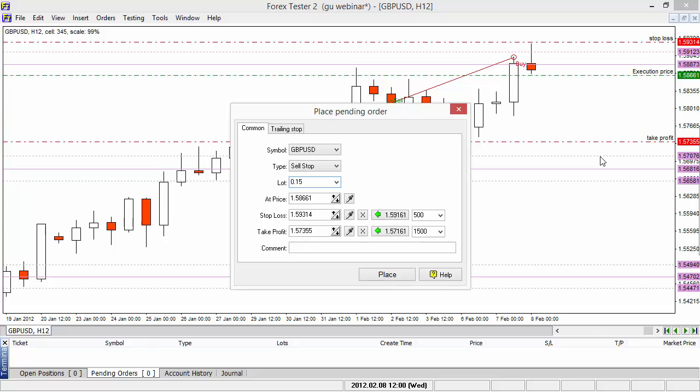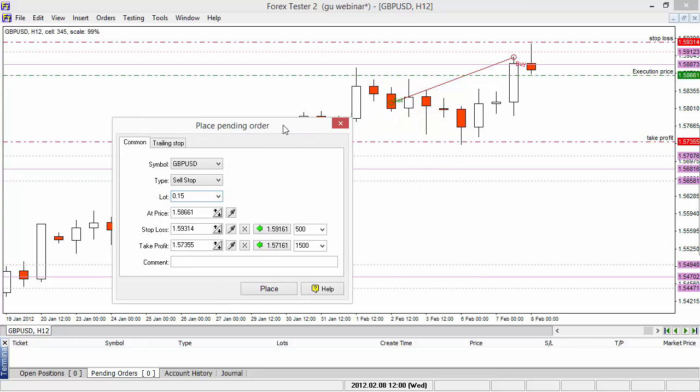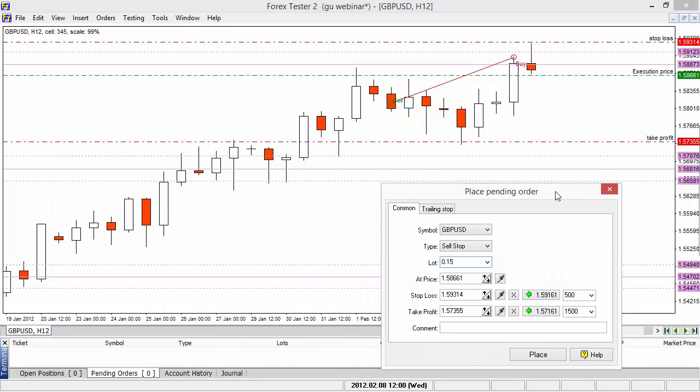Okay, I'm gonna do this. I do have another slight problem with this trade. That target being here kind of scares me a little bit.